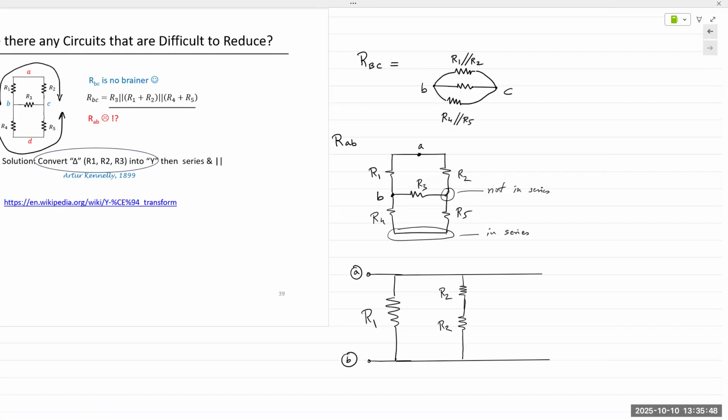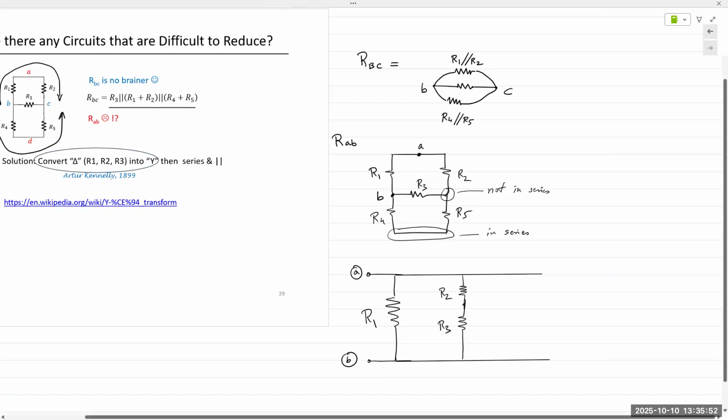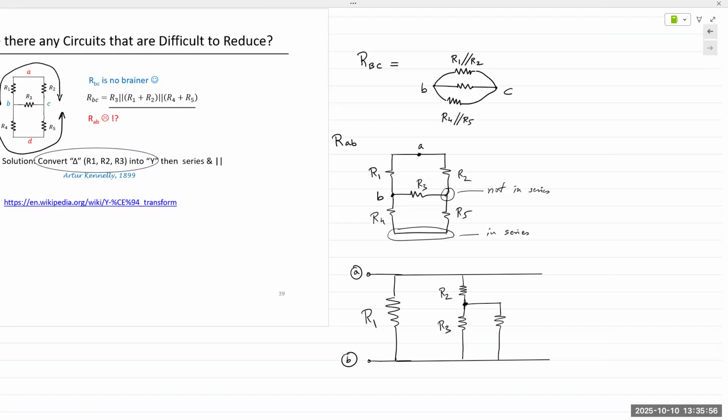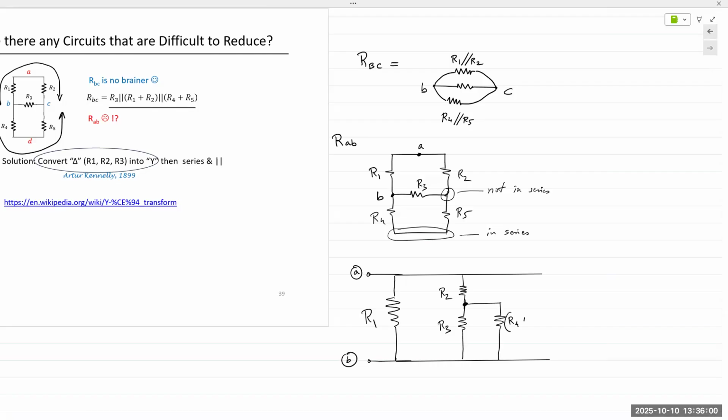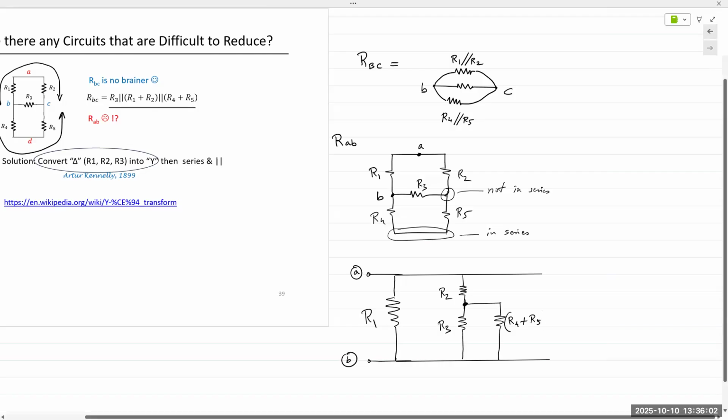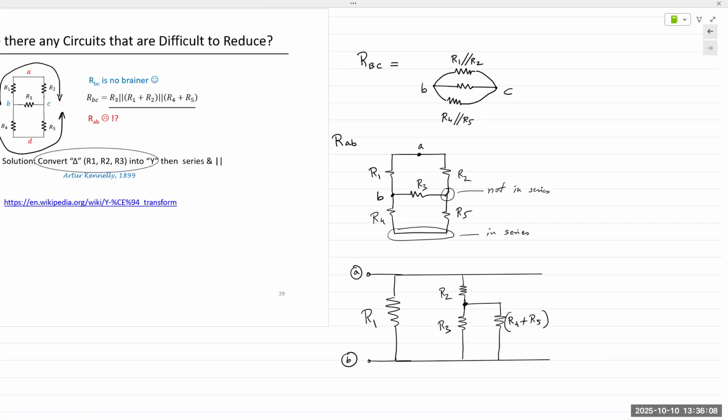And then it's connected to B. And then from this point, I have the series connection of R4 and R5. And that would be the effective resistance between A and B.